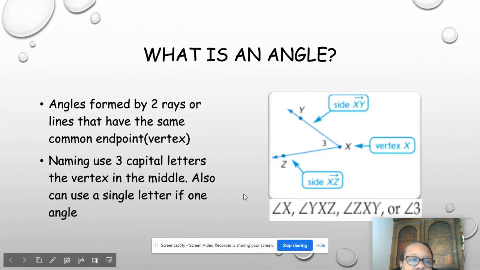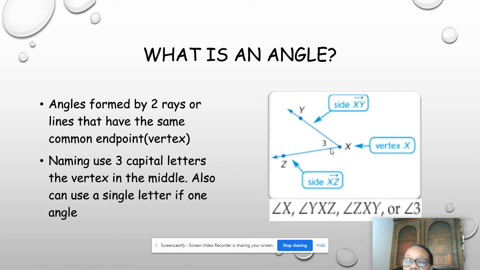What is an angle? Angles are formed by two rays, and they have a common endpoint. The endpoint is called a vertex. If you look in this picture, this is one ray, that's the other ray, and you can also call them sides, and your vertex is X. You can name it by using three letters, one letter, or a number, and all the ways you can name it are here.